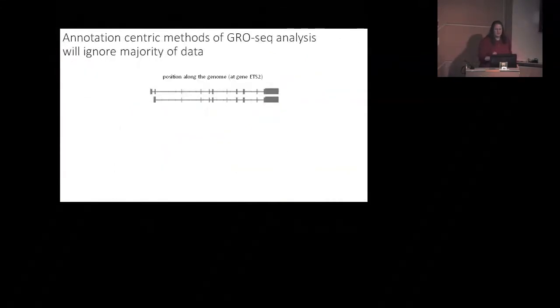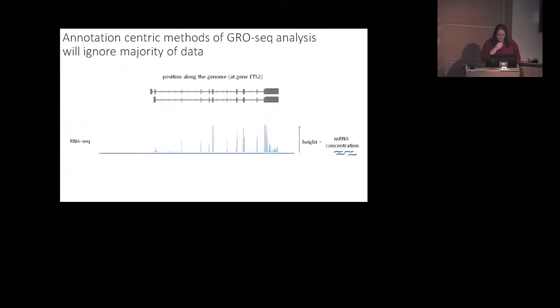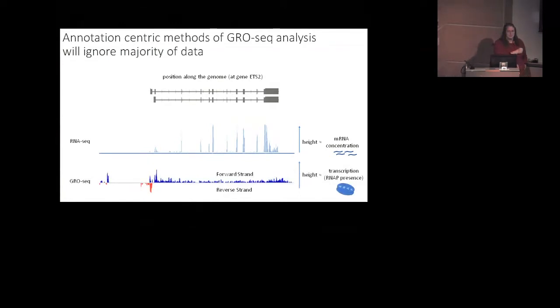So here's a typical gene in the genome. RNA-seq gives you, you've all probably seen assays like this, a very stereotypical exon-intron boundary response. GRO-seq gives you a very different perspective. You are pulling those little BrUTP-marked molecules out of the back of polymerase as they're being produced, so they're actually pre-splicing, even though splicing is co-transcriptional.